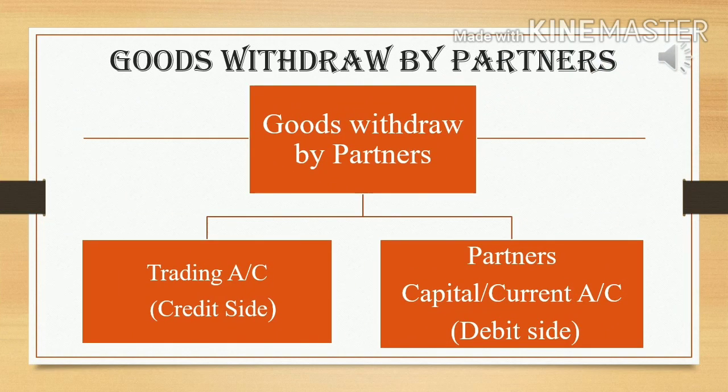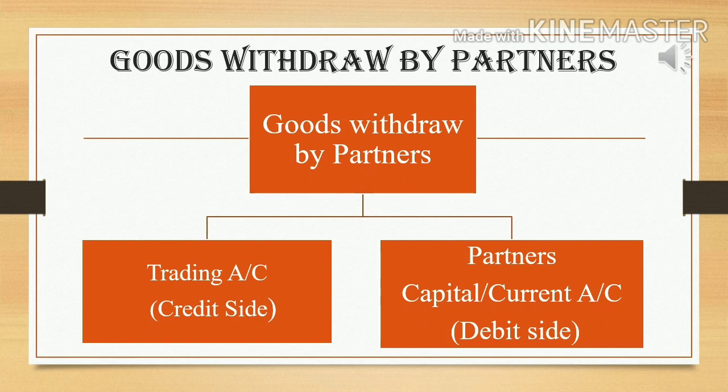Sometimes the business partners also withdraw some goods for personal use. This is known as drawing. So when goods are withdrawn by a partner, it is also a kind of adjustment and it has two effects. So what are the two effects? Number 1, goods are going out. So as I told you, whenever goods go out by any means, it is recorded in trading account credit side.